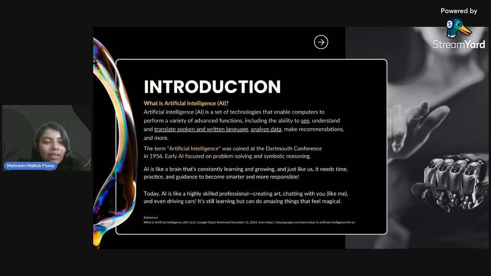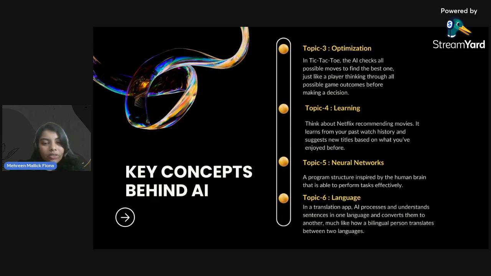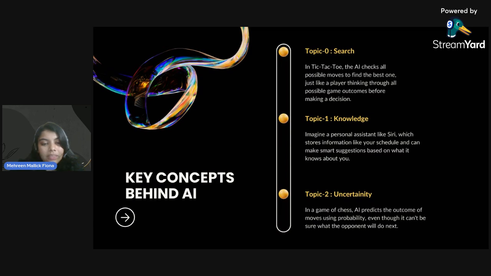So how the AI does it, we have to know it. What is their manual or what is their blueprint? So we are going to start to know about the key concept. As you can see, I have divided the whole blueprint, or the key concept behind the AI, into six segments.